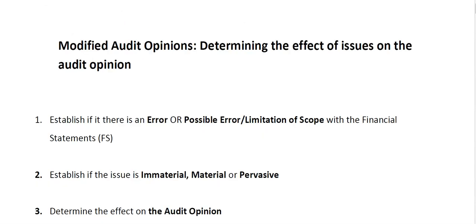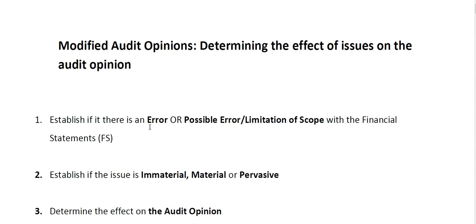When looking at a question, you need to go through this process, and you'll have to document this in your answer, and we'll do that for some past questions. So firstly, establish if there is an error, which means the auditor knows there's a mistake that has been made in the financial statements.